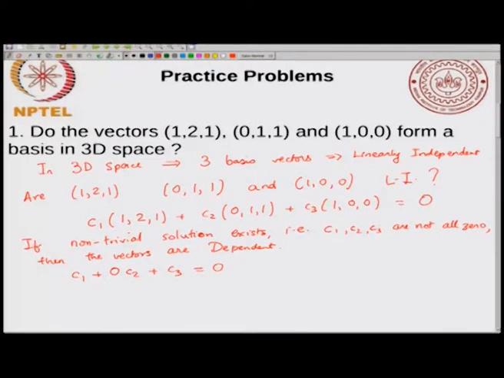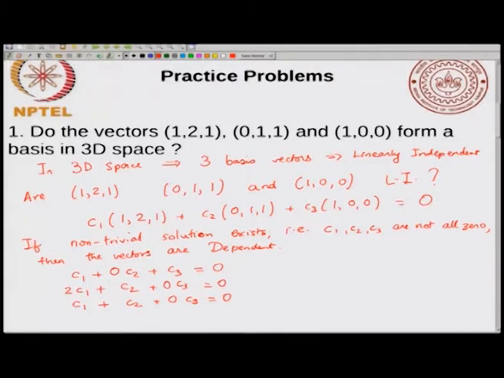If you look at the y component, then you have 2 C1 plus C2 plus 0 C3 equal to 0. If you look at the z component, then you have C1 plus C2 plus 0 C3 equal to 0.